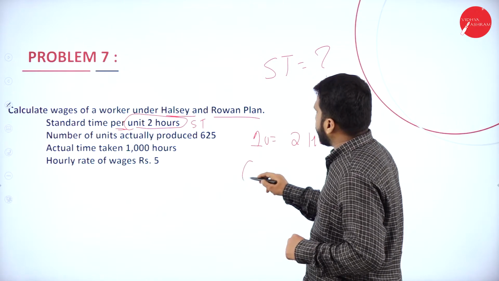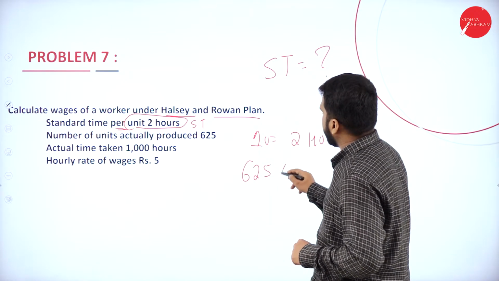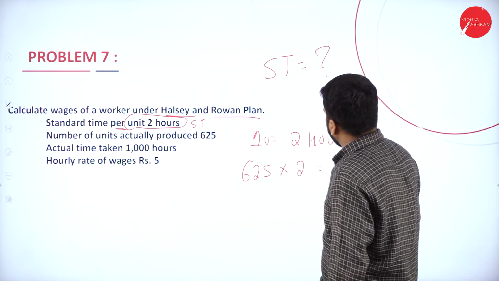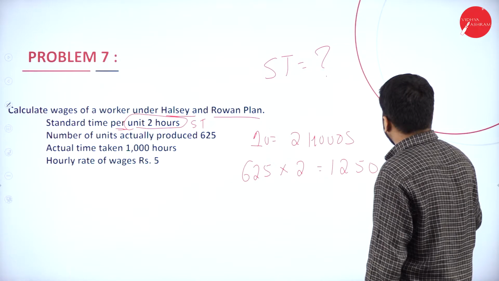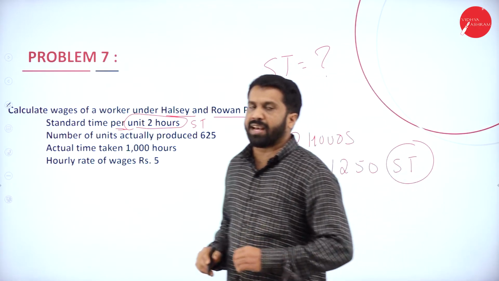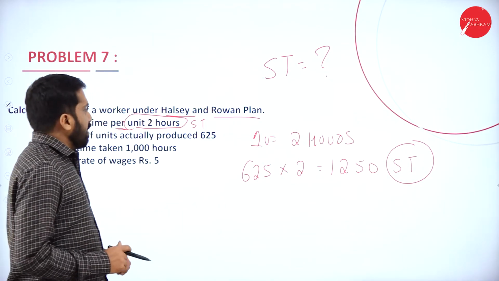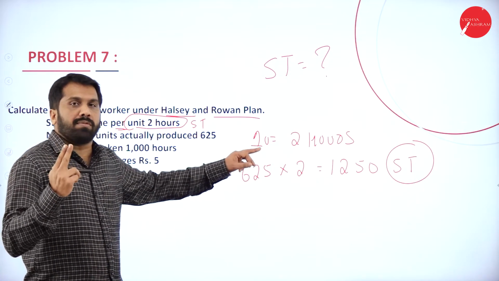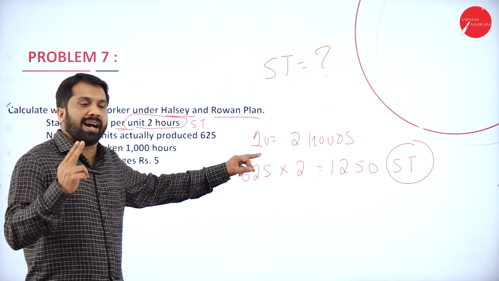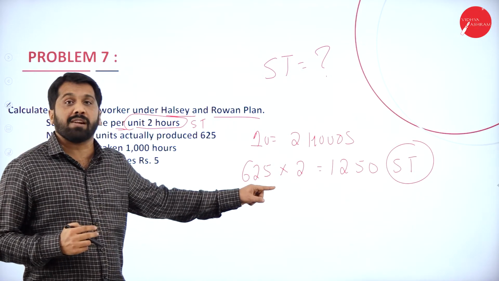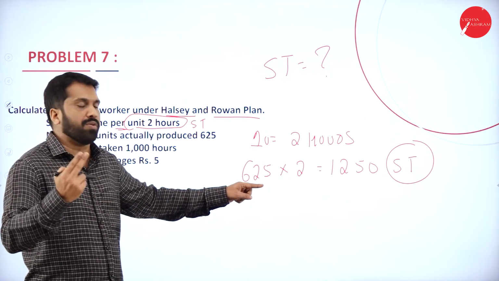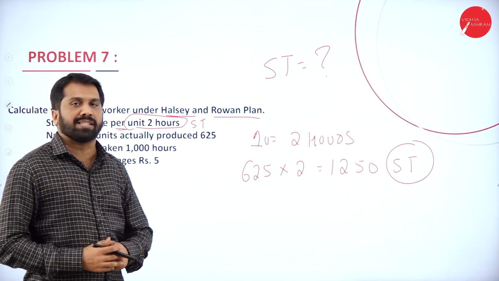Like 625 units they have produced. 2 hours means how much it will be? 1250 is your standard time. Easy to calculate. So in 2 hours you can manufacture 1 unit. So how long do you take to produce 625 multiplied with 2? So how much it is? 1250.